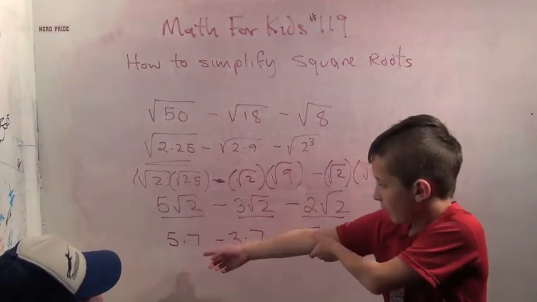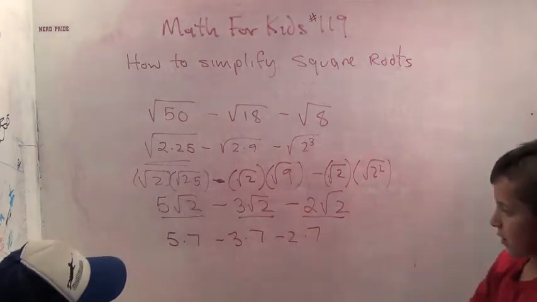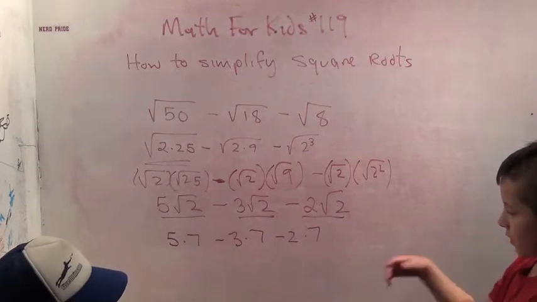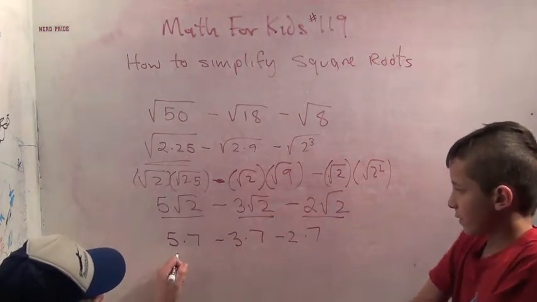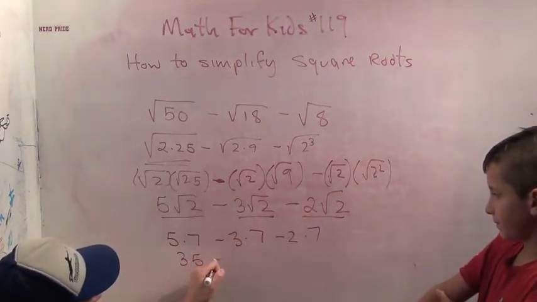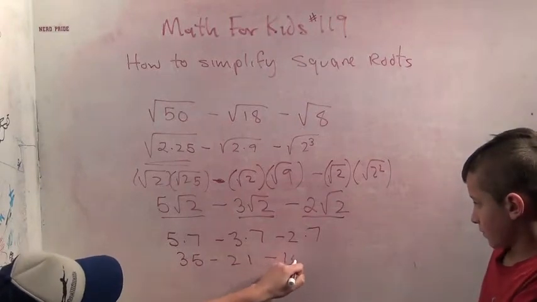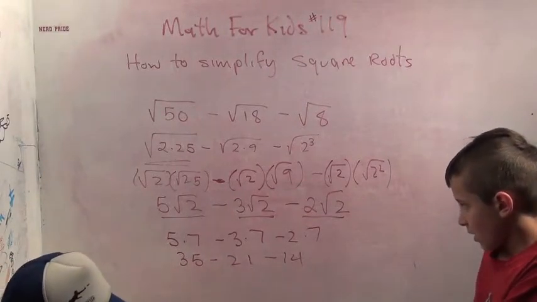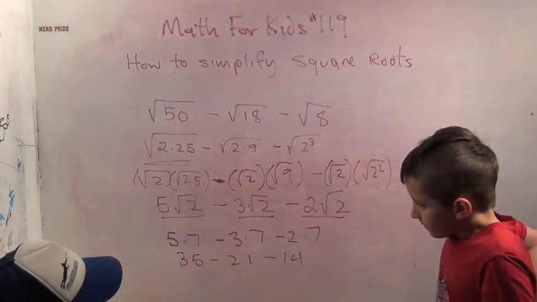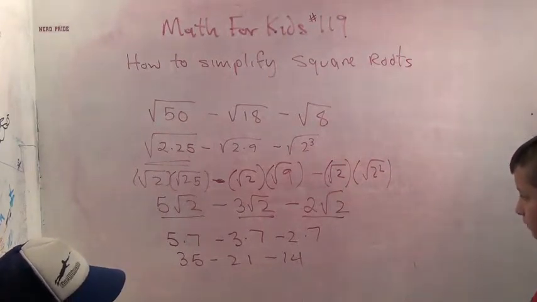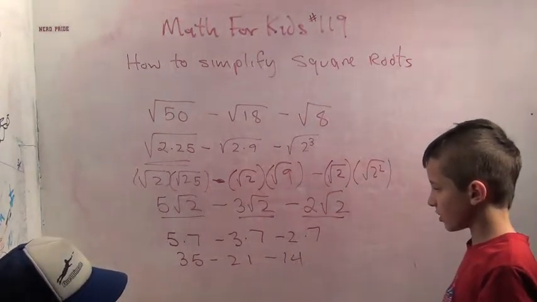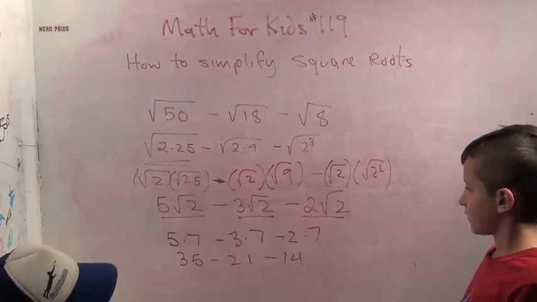We have to actually evaluate it. It's 35 minus 21 minus 14. What's that equal to? It's actually 0. That's interesting.